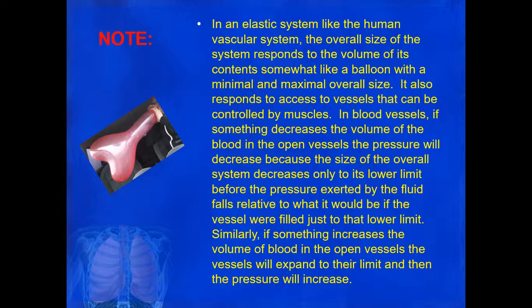If something decreases the volume of blood in the open vessels, the pressure will decrease because the size of the overall system decreases only to its lower limit, before the pressure exerted by the fluid falls relative to what it would be if the vessels were filled just to that lower limit. Similarly, if something increases the volume of blood in the open vessels, the vessels will expand to their limit and then the pressure will increase.